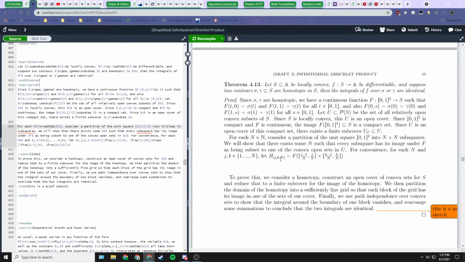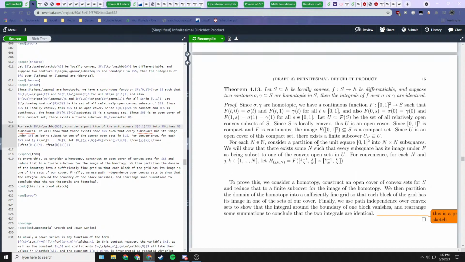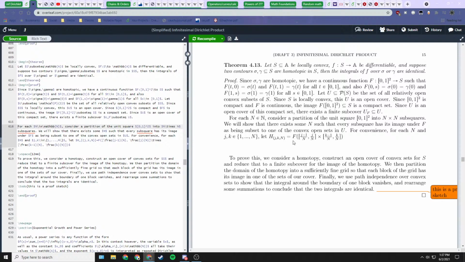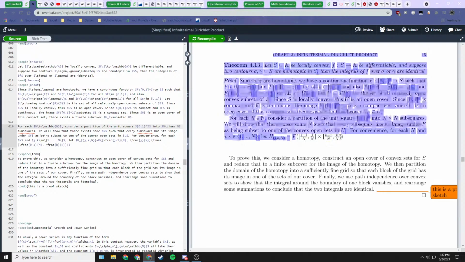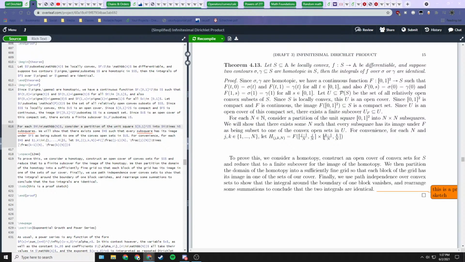So h sub jk with n is the image of F under the jk subsquare, using the partition size n. Specifically, these are the closed subsquares. So technically this isn't a partition because we're including the edges for every square, but that's fine. So for each n and jk, let h be this.